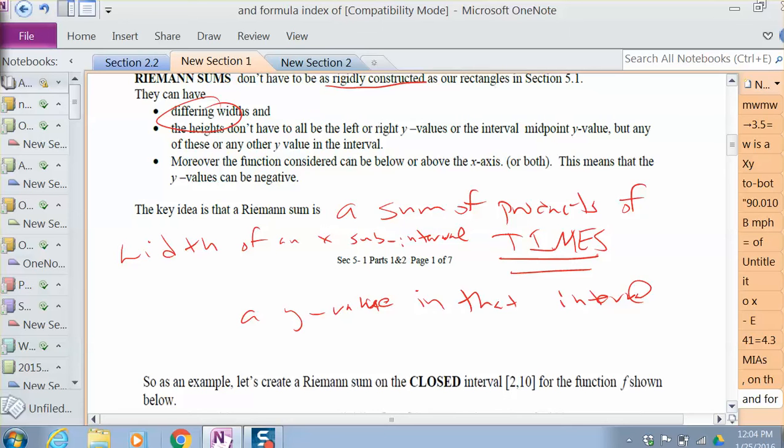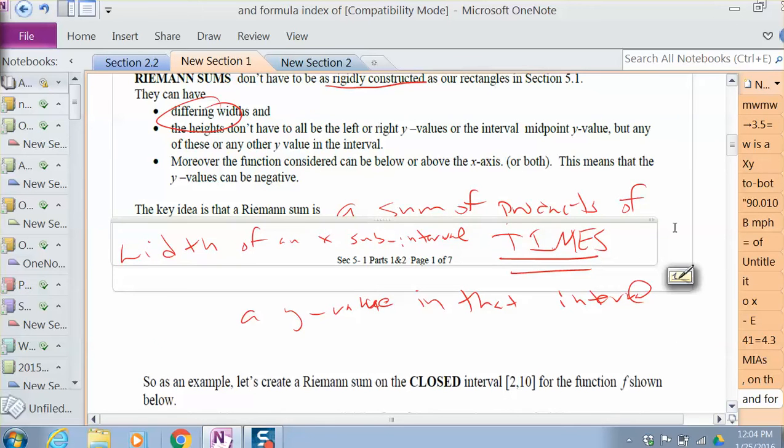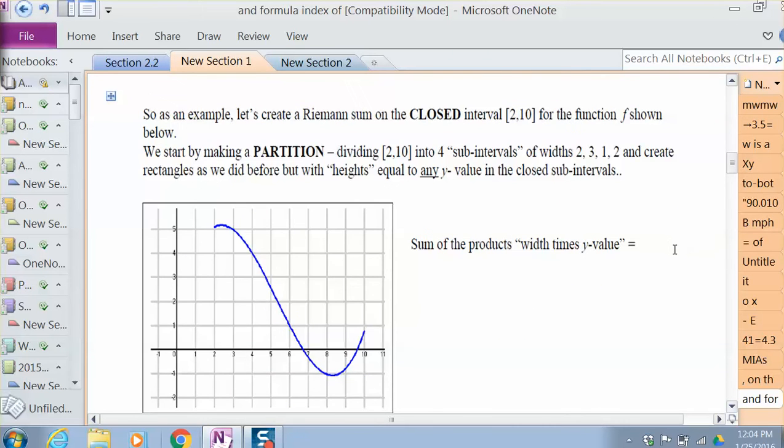So let's say we have a closed interval from 2 to 10 for this function here. So we're on page 2 of the notes. And say we want to partition this from 2 to 10 into 4 subintervals, but notice the widths are different. They're not all the same. So we're not doing a uniform width here.